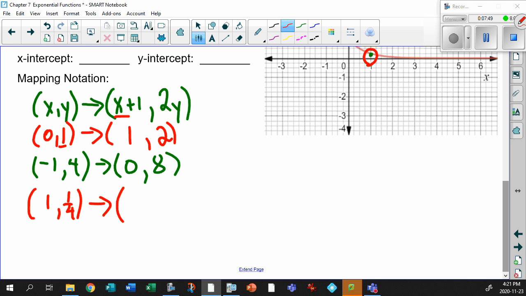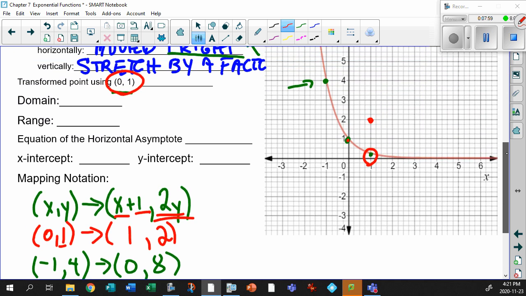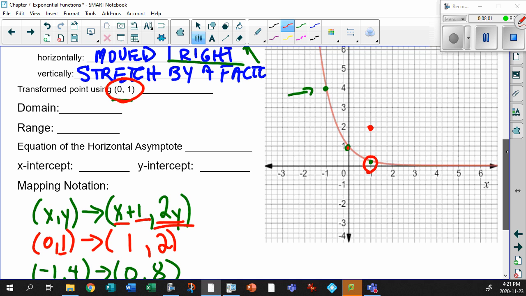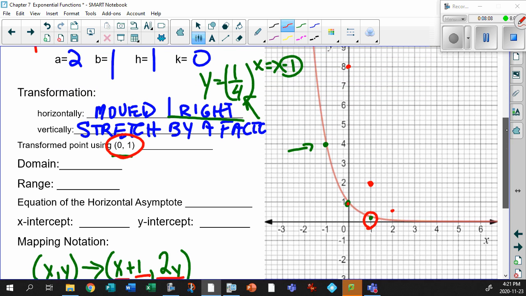Okay, 1 plus 1, that becomes 2. 2 times a quarter is a half. So my new point is at (2, 0.5). There's (2, 0.5). Well, a half looks like it's about here. Right on. Look at my new graph. My new graph is just going to come down from here, along here, and move along here, and away we go.